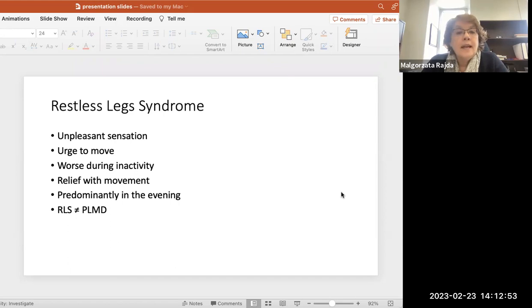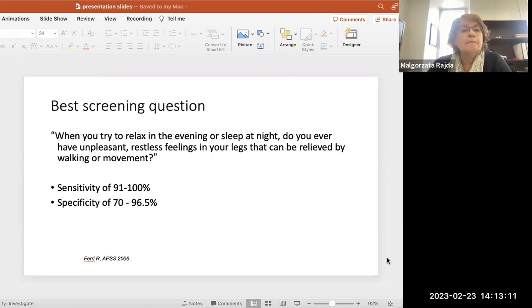It is not the same as periodic leg movements, which is a polysomnographic phenomenon where we see rhythmic twitches, rhythmic contractions of the legs. Restless legs is a clinical diagnosis made by history alone.